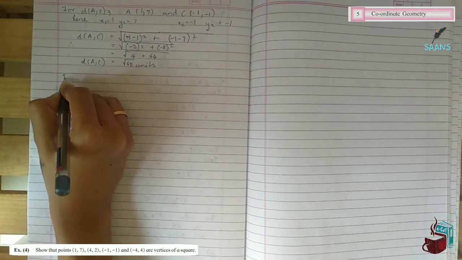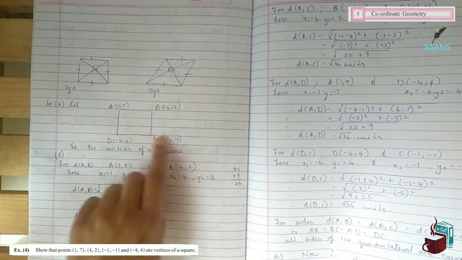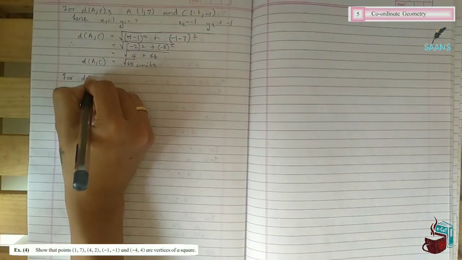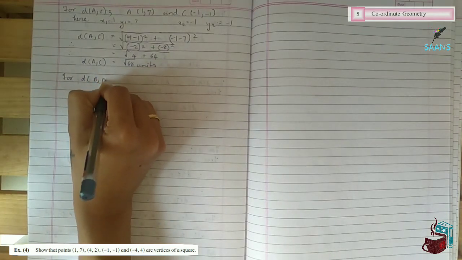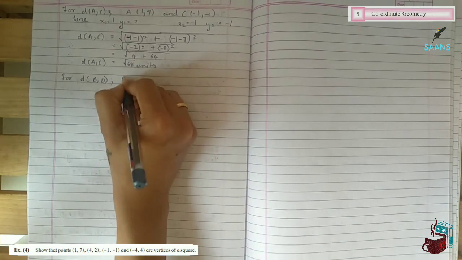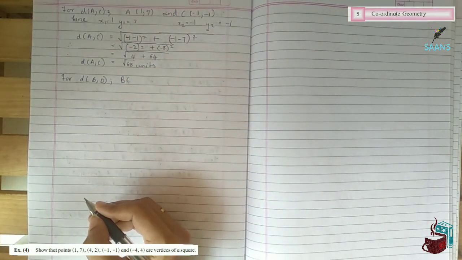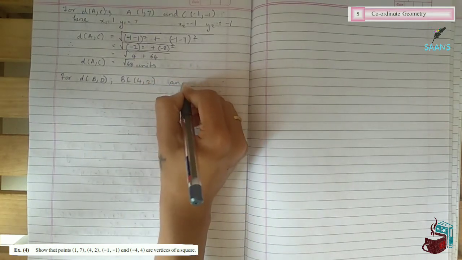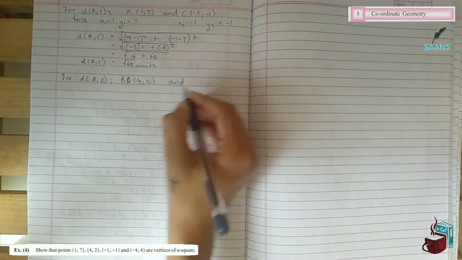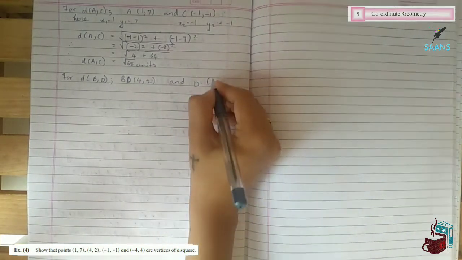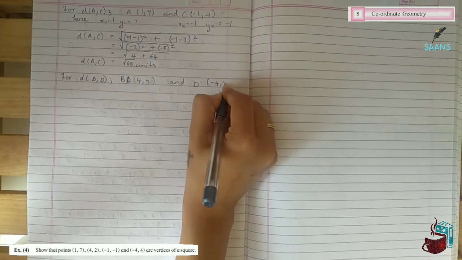Similarly, now that we finished AC, we'll do BD. For distance B comma D, that is the other diagonal. B is given as 4 comma 2 and D is given as minus 4 comma 4.